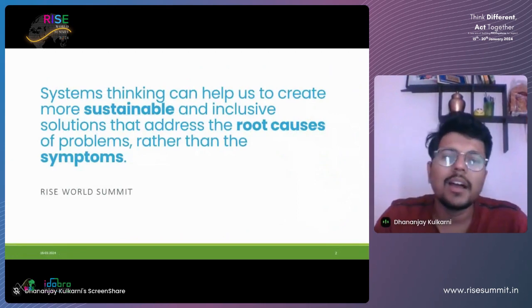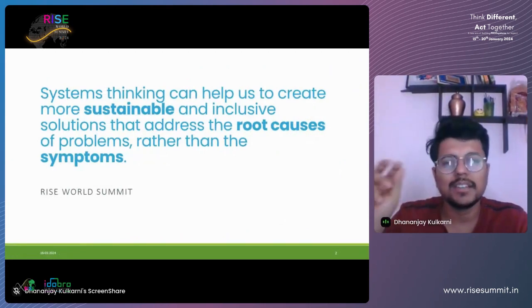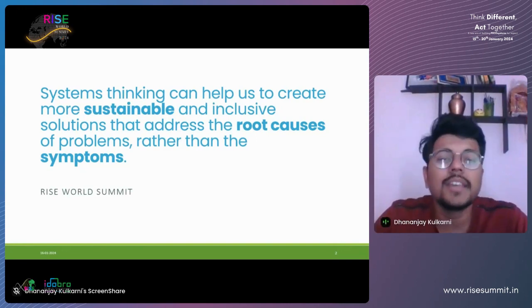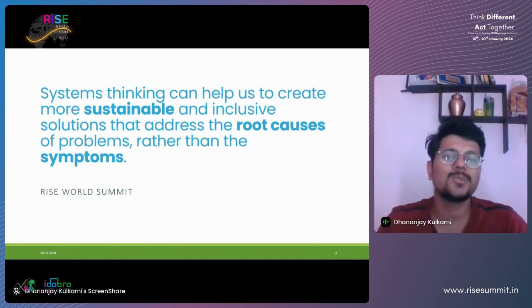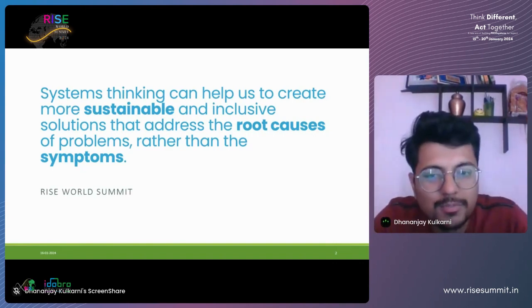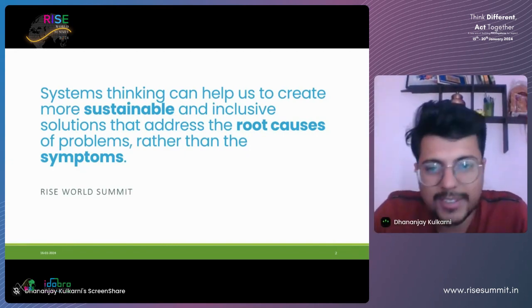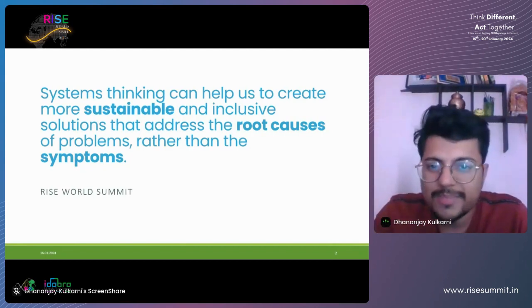While I was going through the Rise World Summit, I could get this one sentence over there, which is: systems thinking can help us to create more sustainable and inclusive solutions that address the root causes of problems rather than the symptoms. I have highlighted 3 words over here, as you can see: sustainable, root causes, and symptoms.